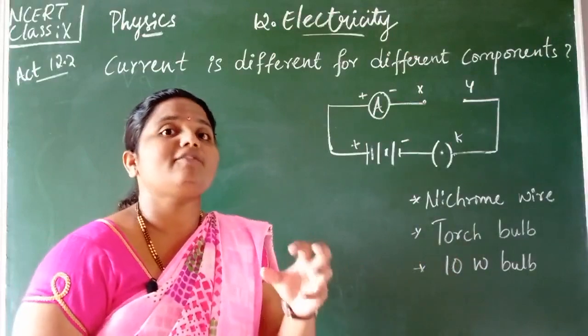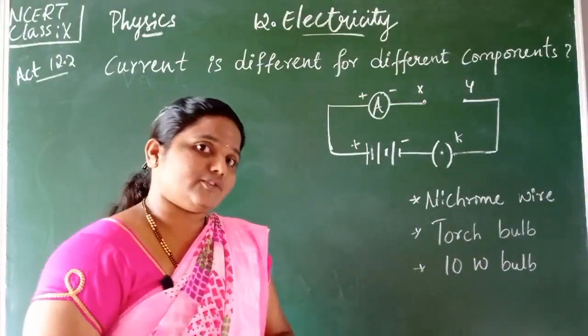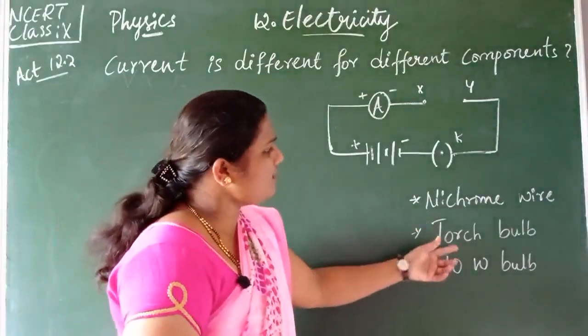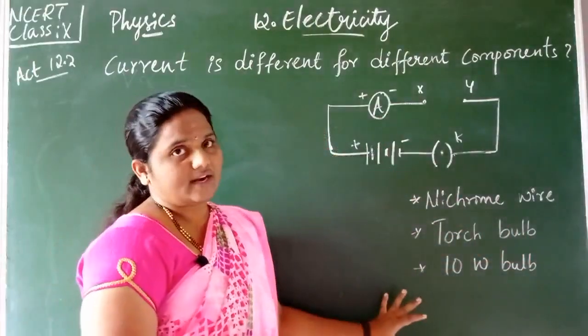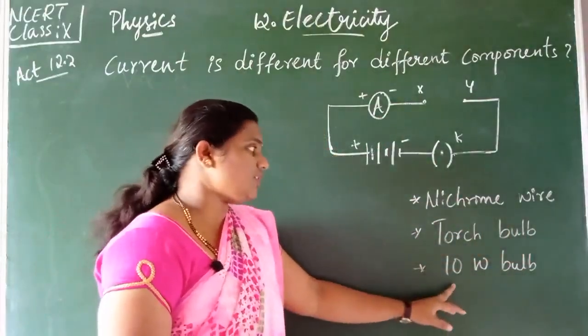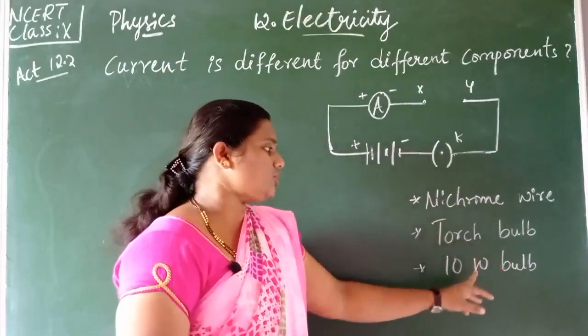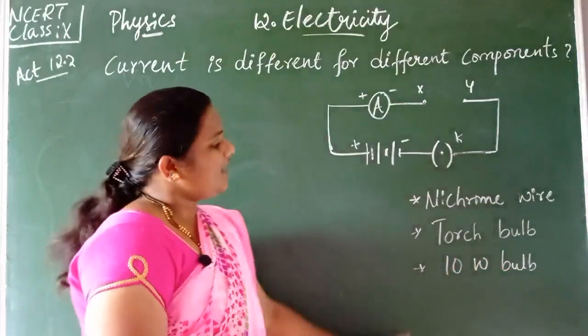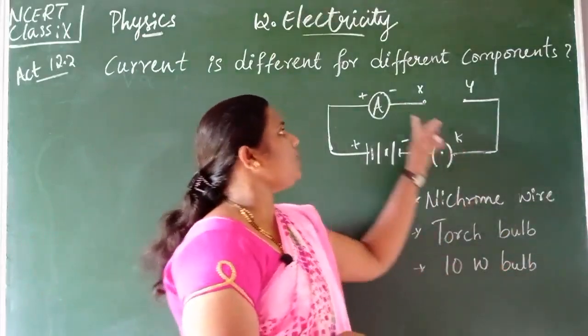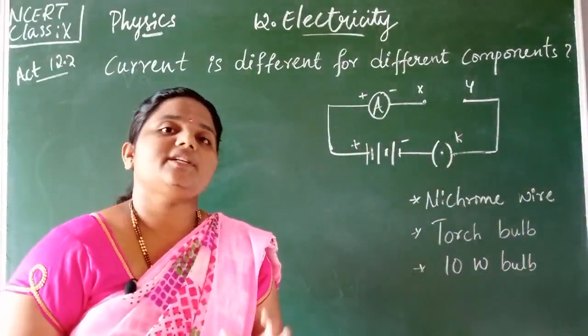In the ammeter we are recording certain values. The torch bulb also gives an ammeter reading, which is noted. Then we repeat the procedure by removing the torch bulb and placing a 10 watt bulb, and note down the ammeter reading.